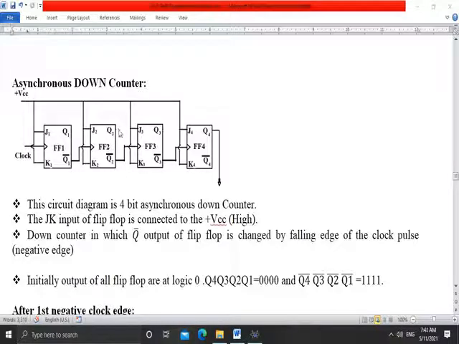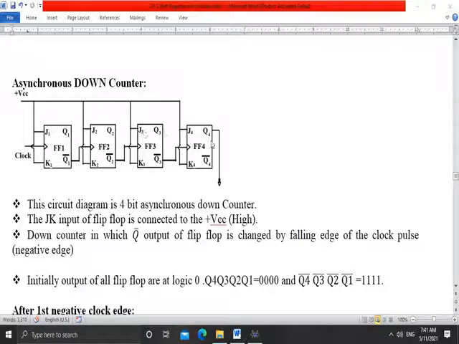So Q2 changes from 0 to 1 and Q2 bar changes from 1 to 0. 1 to 0 is again a negative change, and this toggles flip-flop 3. Q3 changes from 0 to 1 and Q3 bar changes from 1 to 0. 1 to 0 is also a negative change, so it triggers flip-flop 4.